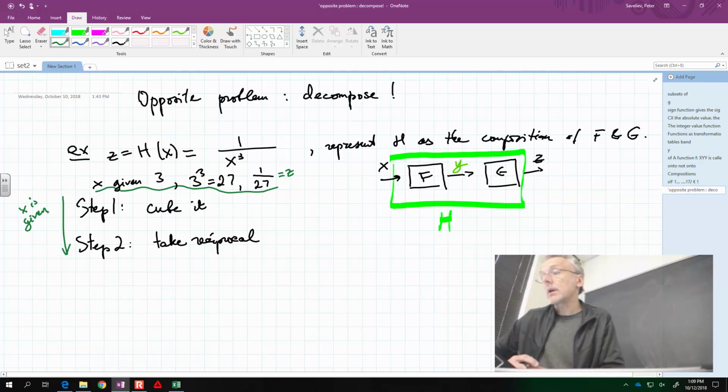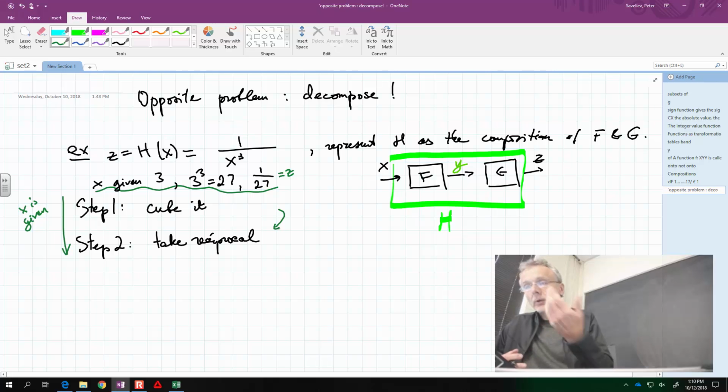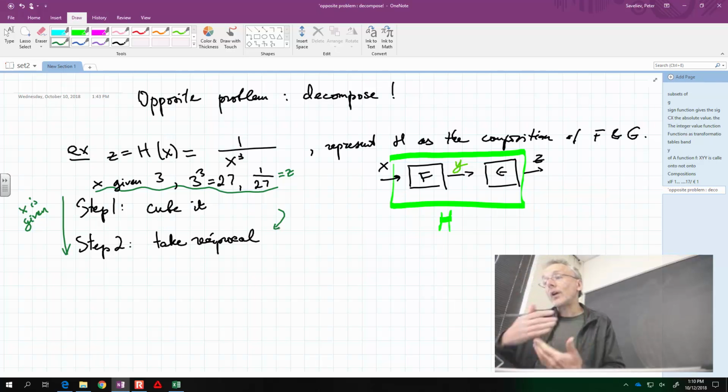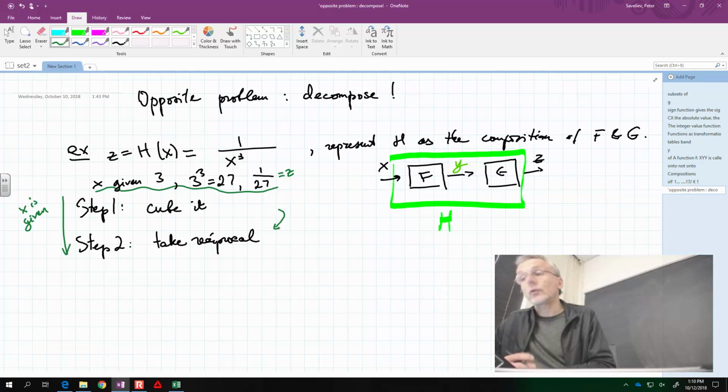First, cube it, and second, the output of that is put into the second step, which is take the reciprocal. Okay, so the algebra is there, and you can now introduce variables in order to formalize this. There is actually no problem with this description. It is complete. If you give it to somebody, the person would know what to do, even though there is no algebra. This is the description: x is given to you, cube it, take the reciprocal.